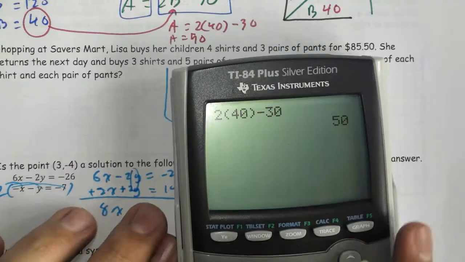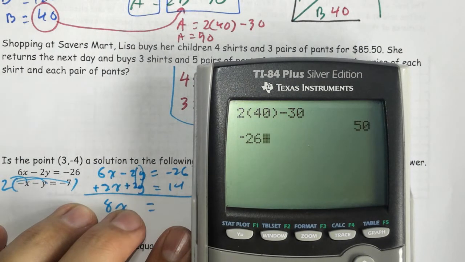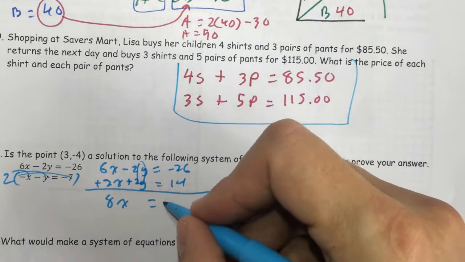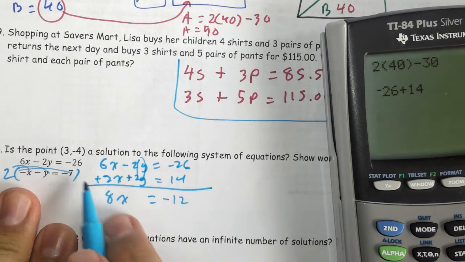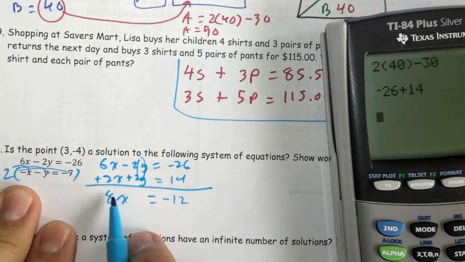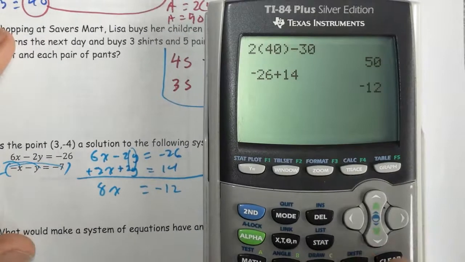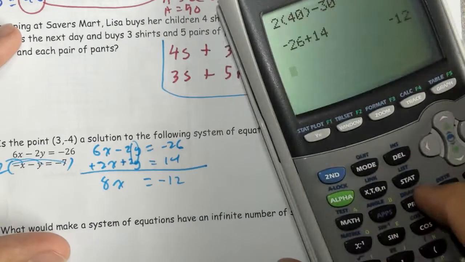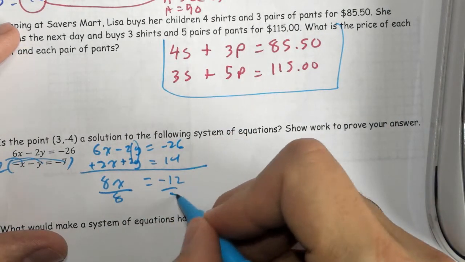And again, use your calculator. Negative 26, not minus, plus 14, negative 12. If we do that right, 6x positive 2. All right. Great. All right. Now divide by 8. Divide by 8.